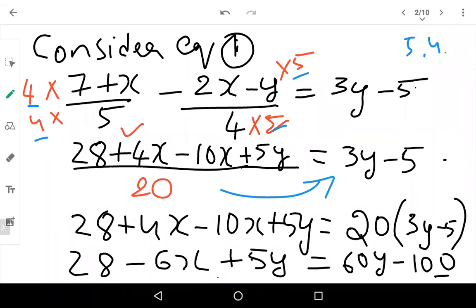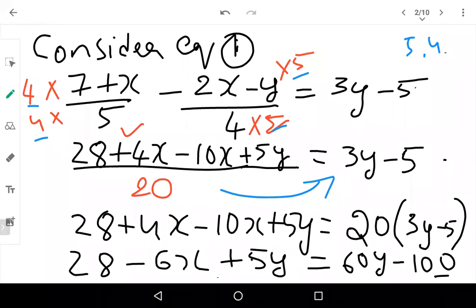Now, next step, we should start simplifying the equation. Take all the constants to one side, all the x and y to the other side and start simplifying them so that we get a proper equation format. Once we get the equation format, we will be able to solve them simultaneously and easily.